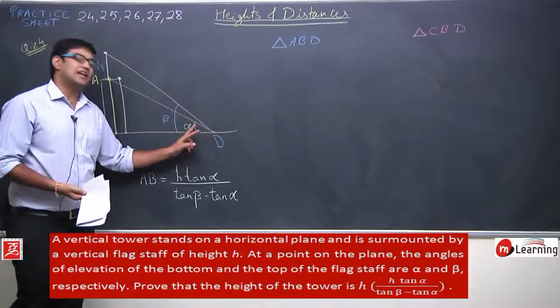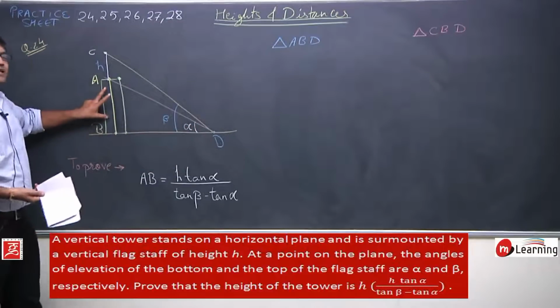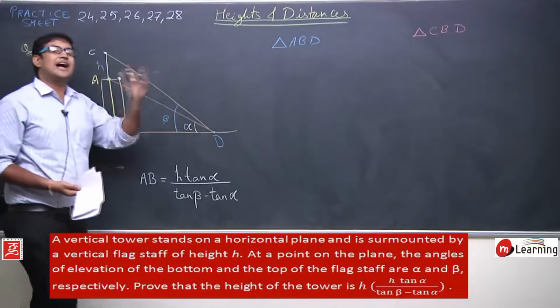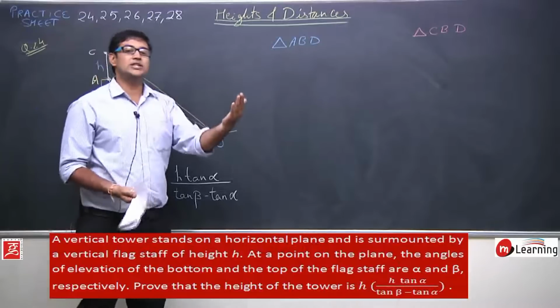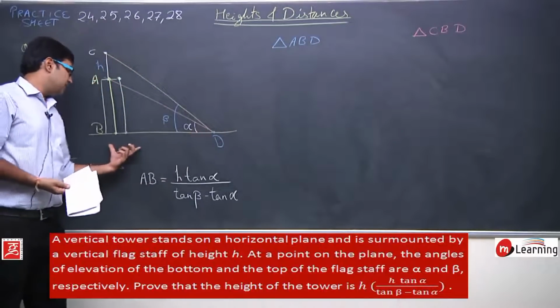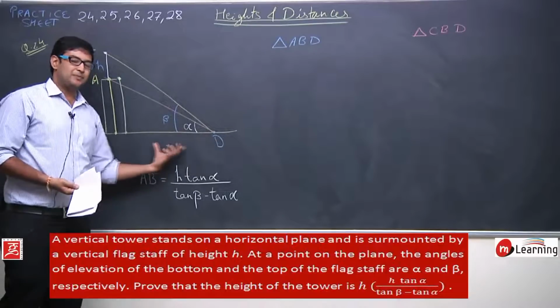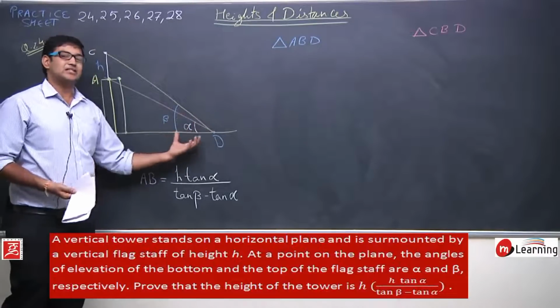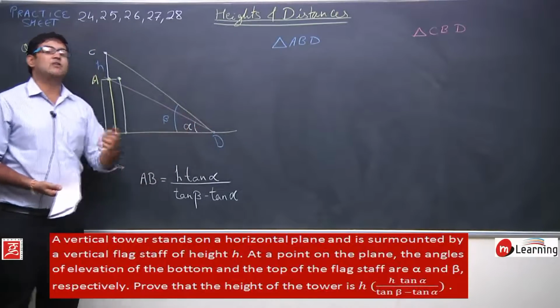With respect to this angle alpha, I can see AB represents the perpendicular or the height or the side opposite to angle alpha. And similarly, BD represents the base with respect to this angle alpha.